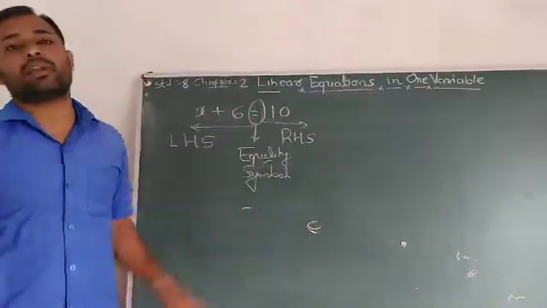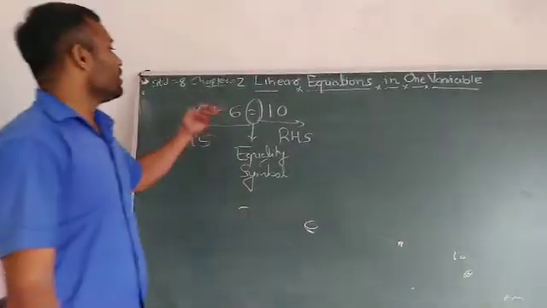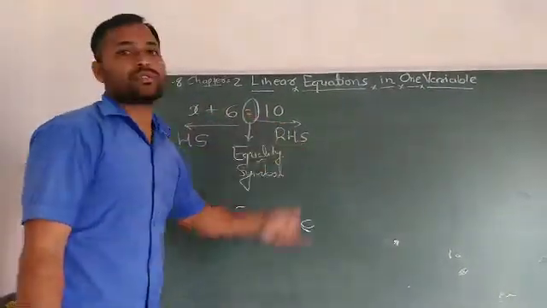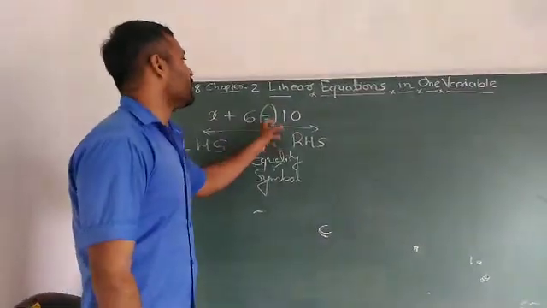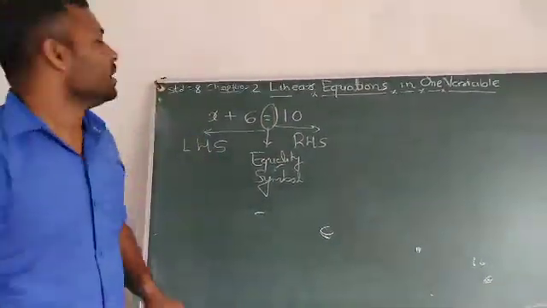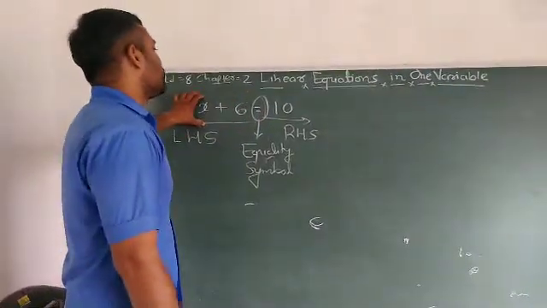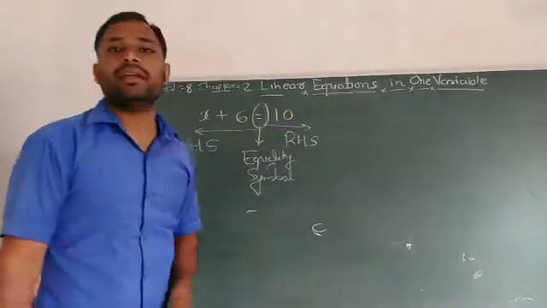Before putting the equality symbol, the left hand side and right hand side should be equal, so we can put them on either side of the equal symbol. The left side quantity and right side quantity will be the same.